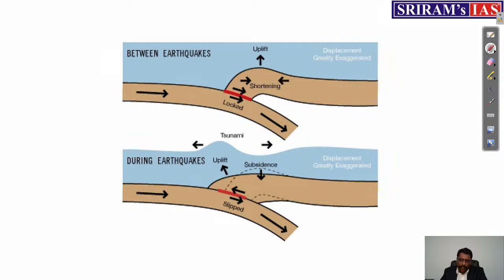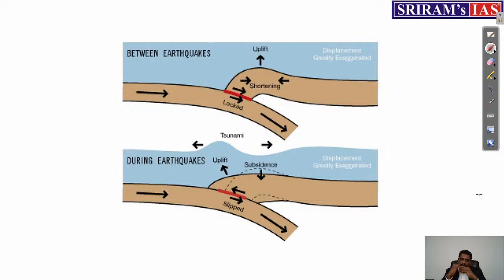Let me tell you. I have just given you an example of how a tsunami is triggered, for example at a trench. Take the subduction zone: one crust is entering another, so the adjoining crust will also have a slight deformation.